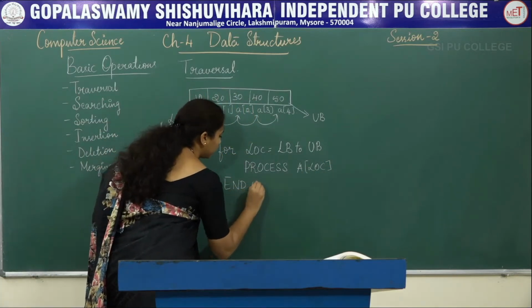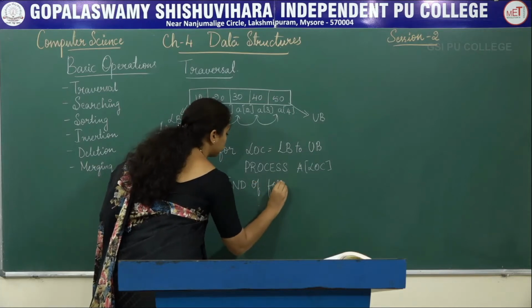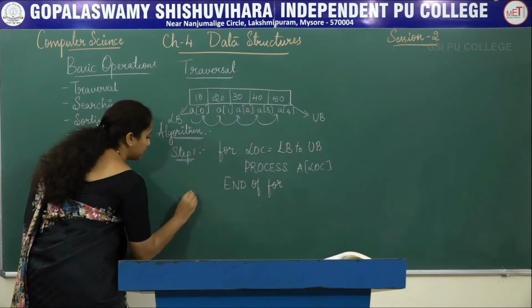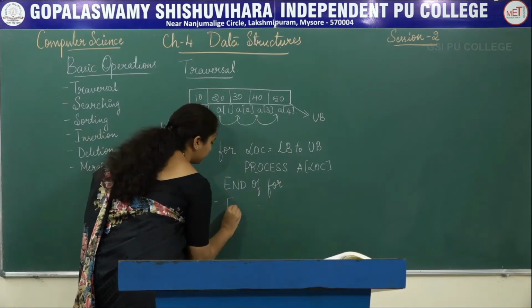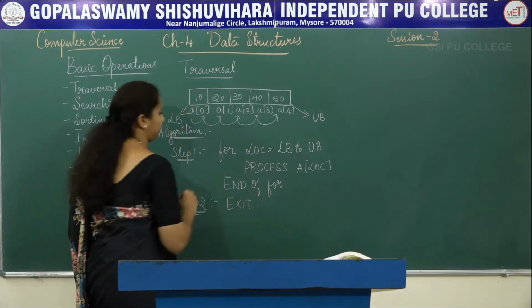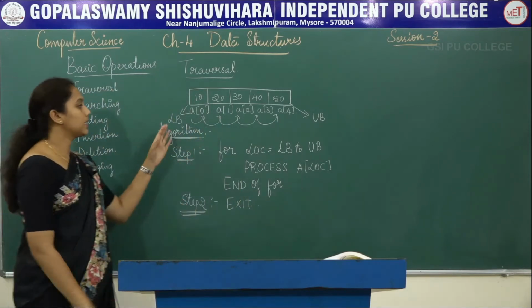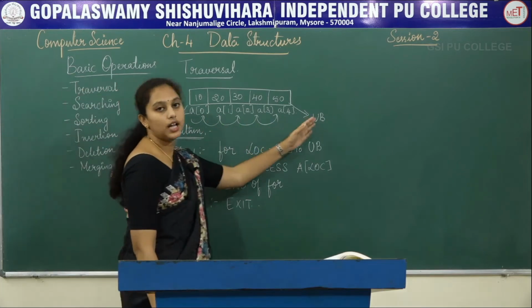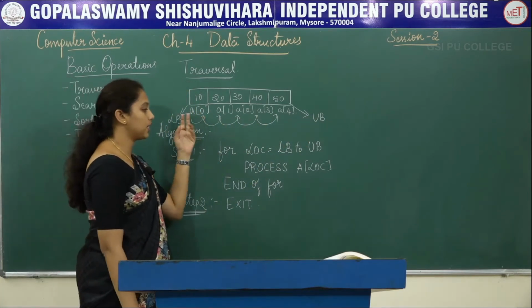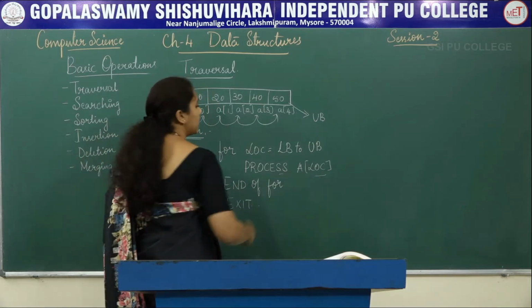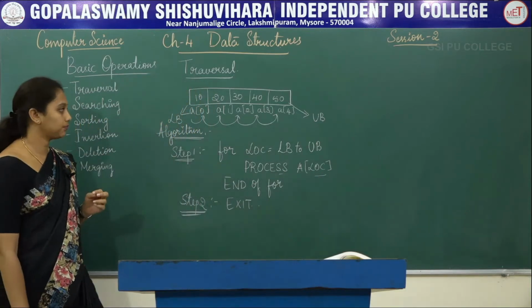End of for. Step 2, exit. So it starts from lower bound to the upper bound. So after visiting each location of an element, it will process A of location.